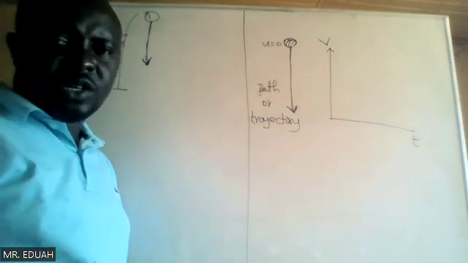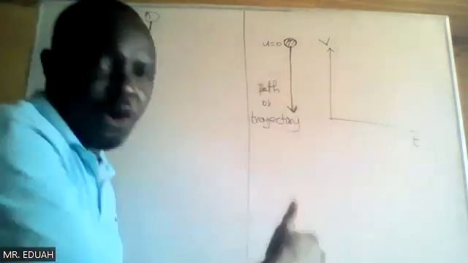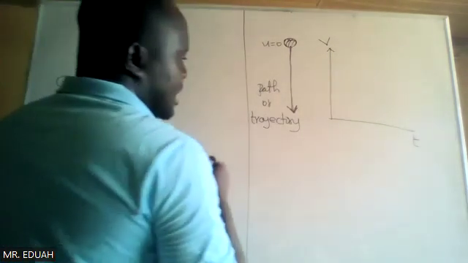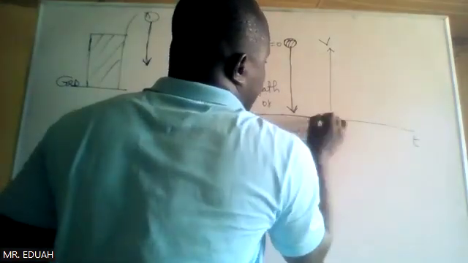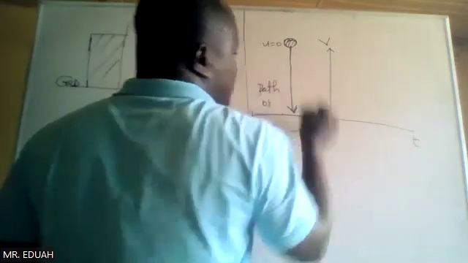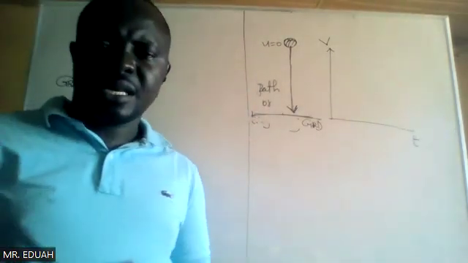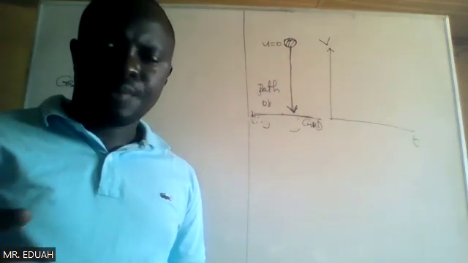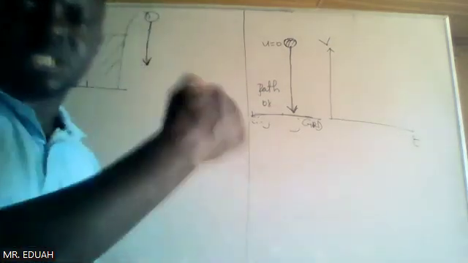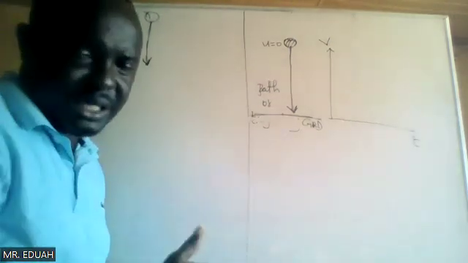If initial velocity is 0, as the body falls to the ground, class, what happens? Assuming this is the ground, as the body falls to the ground, what happens to the velocity? Yes, a quick response for any one of you. Increases. Its speed or velocity increases.